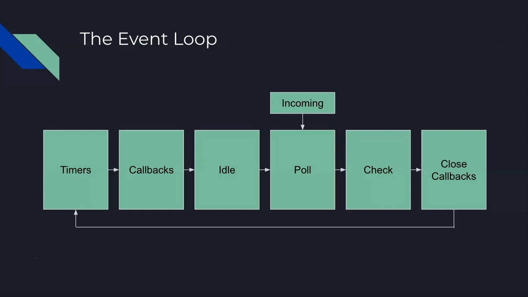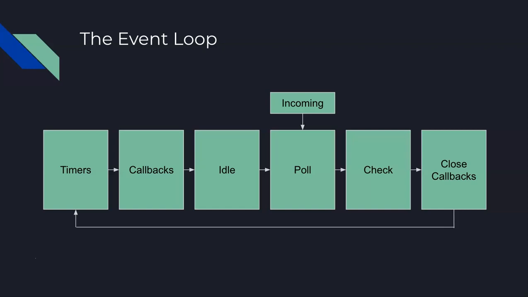There are a series of steps that get called over and over and over again. We walk through all 6 of these stages and we come back to the beginning again and we start over, and we just call these stages every time we go through. There are actually more than these steps involved, but this will give you a very high level picture of the things that we care about as developers.